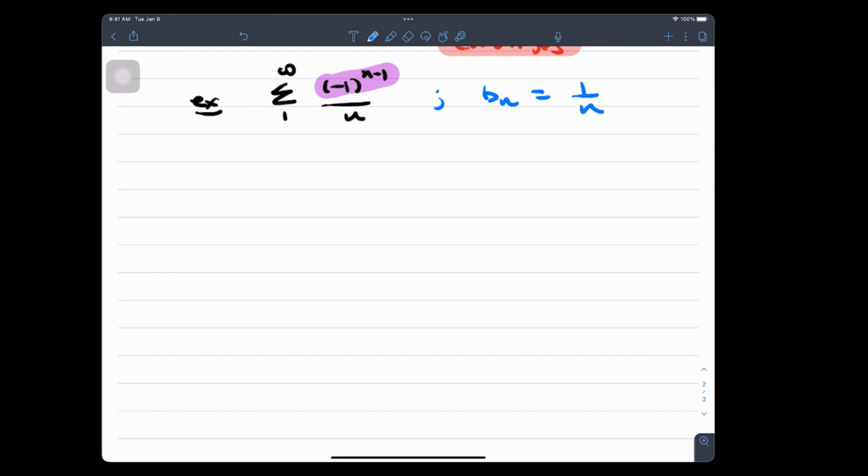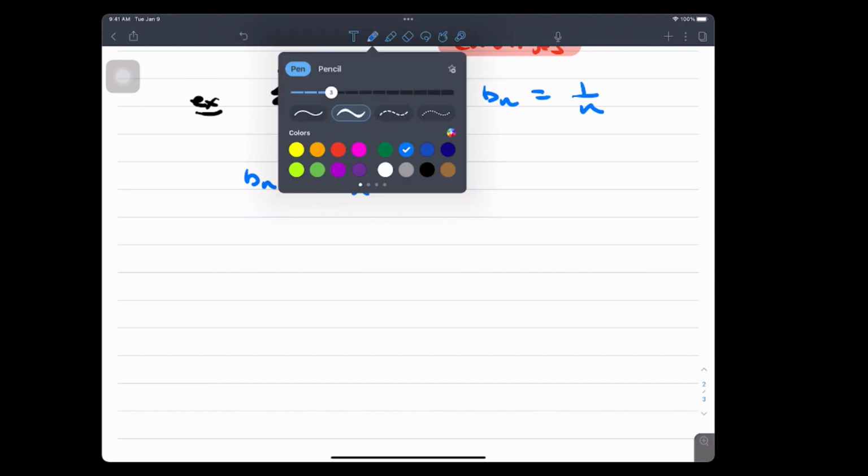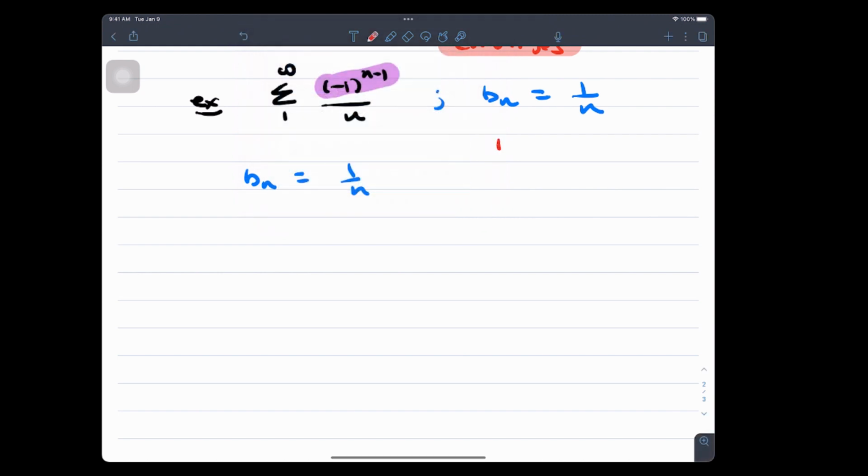Now, what do you guys know about this particular series, right? Is this Bn series, right? Isn't this, by the way, decreasing? Isn't this Bn decreasing? Isn't that decreasing terms?